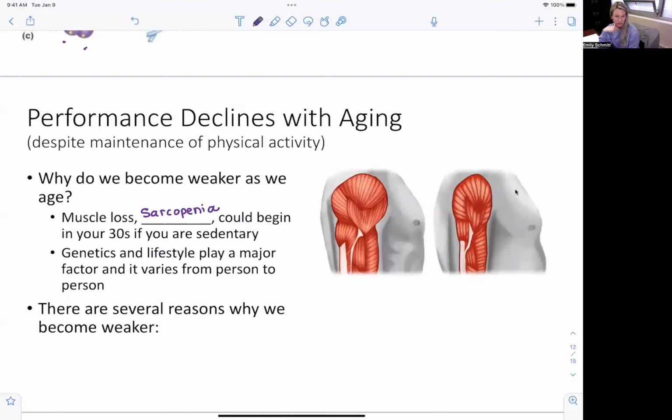And so there are several reasons why we become weaker. Age, physical activity level, genetics, all of these play a role in why our performance declines with age.